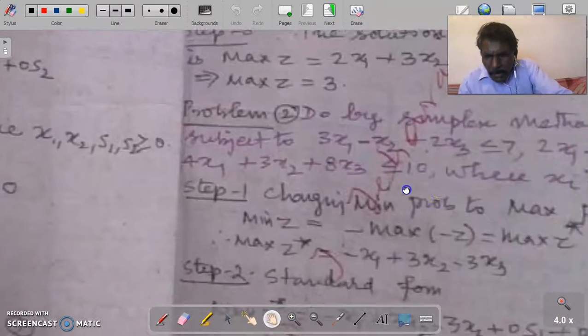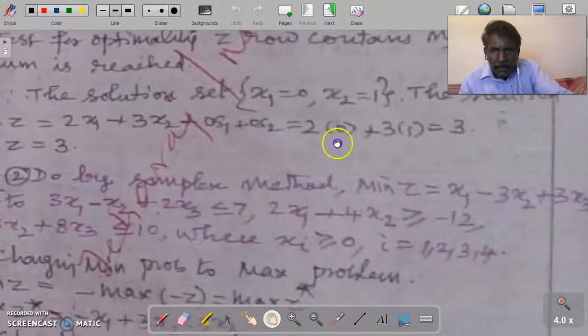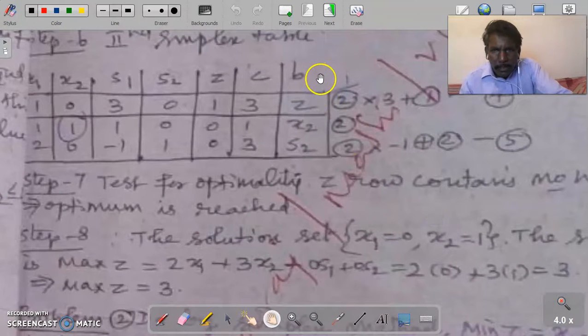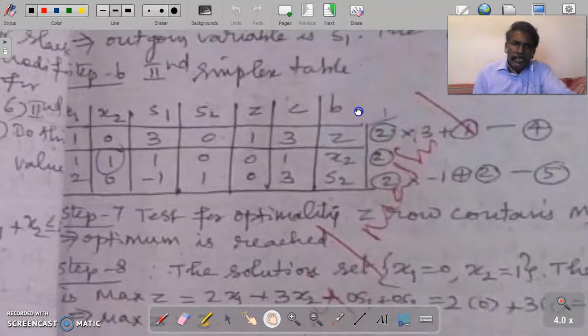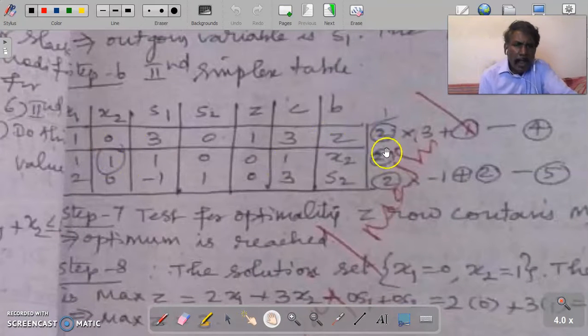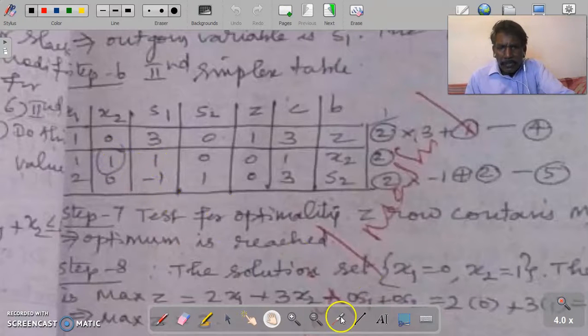So after finding the minimum replacement ratio, we can identify which is the incoming variable and which is the outgoing variable. Then we have to find the pivot element. The intersection of the incoming variable and the outgoing variable is called the pivot element.